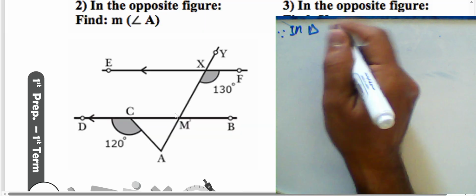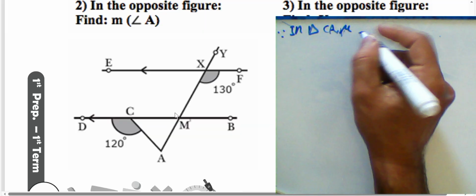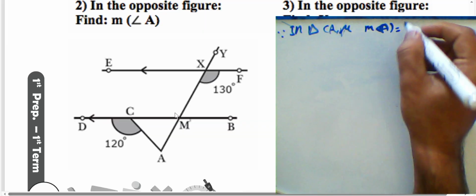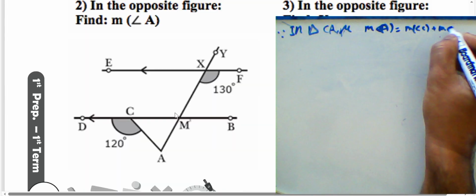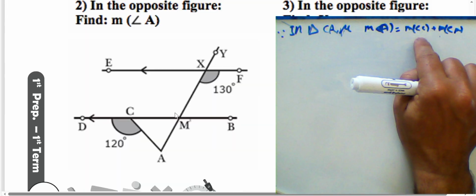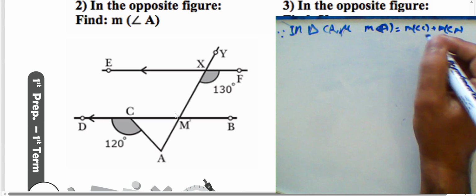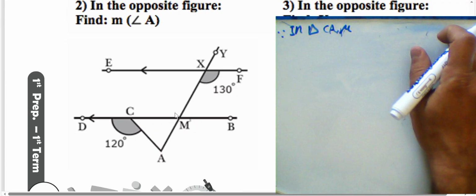We know in triangle CAM, measure of angle A is equivalent to the sum of them, measure of angle C plus measure of angle M. Okay, we must know the measure of angle C and the measure of angle M to collect together and subtract from 180, okay? Measure of angle A equals the difference from the sum of them.